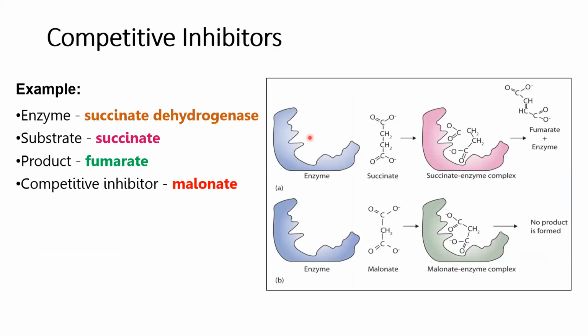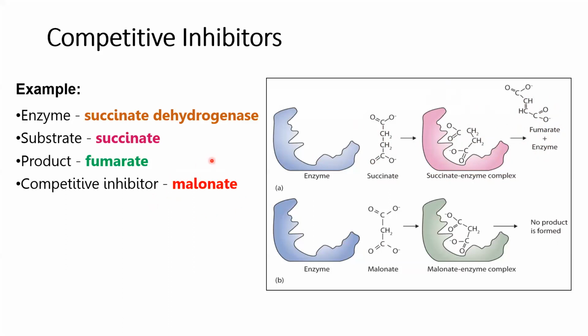Here you have a diagram to show an example of competitive inhibition. The enzyme is succinate dehydrogenase, and the substrate is succinate. The succinate binds to the active site and the reaction occurs. You have the formation of the enzyme-substrate complex, and then the products will be formed, which are fumarate and also the enzyme.